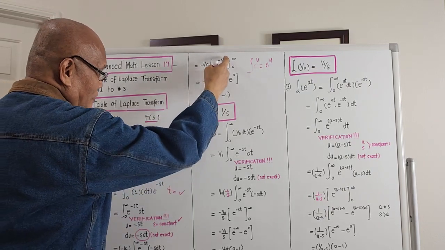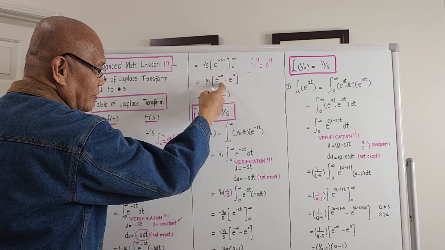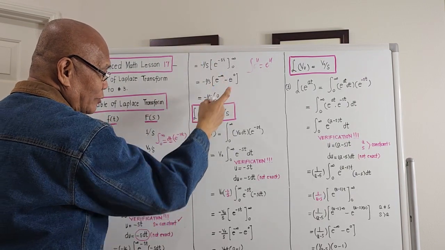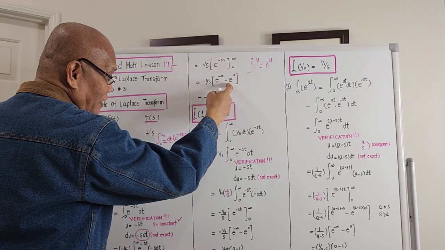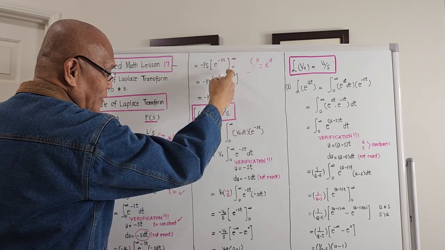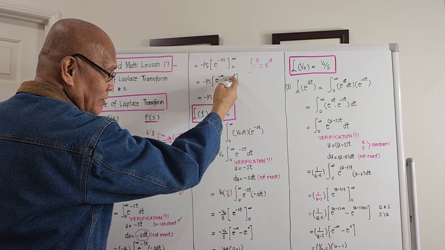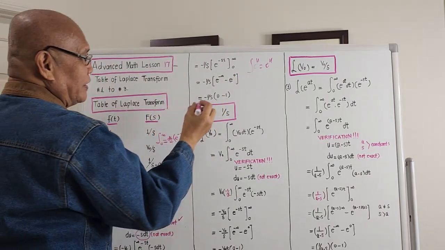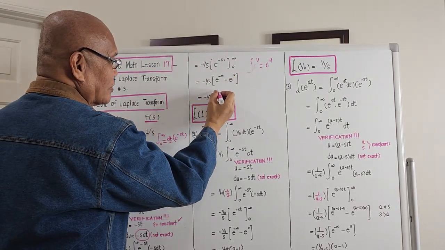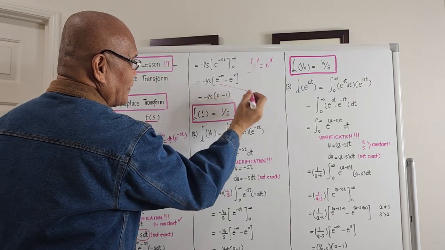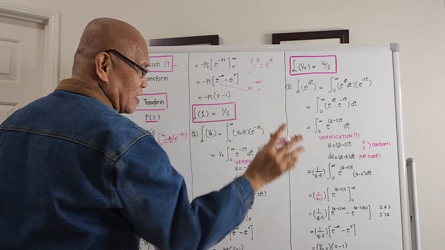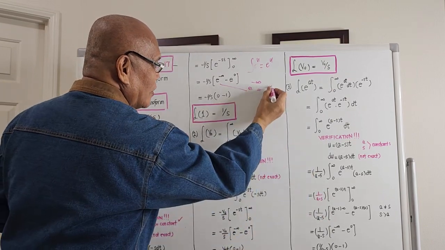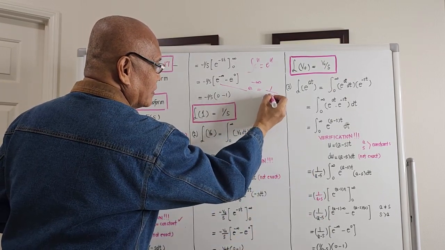s times infinity will be negative infinity, minus the value of the lower limit when we apply t to be 0. So e raised to s times 0 will be 0. Okay? And e raised to negative infinity will be 0, because if we simplify this, e raised to negative infinity can be written, by laws of exponent, as 1 over e raised to infinity.